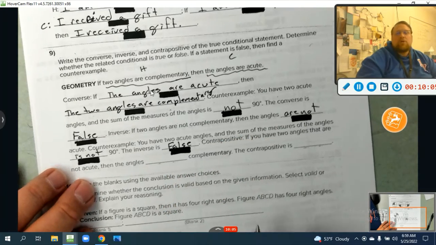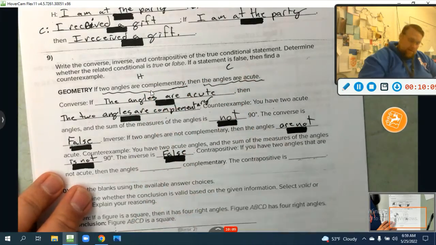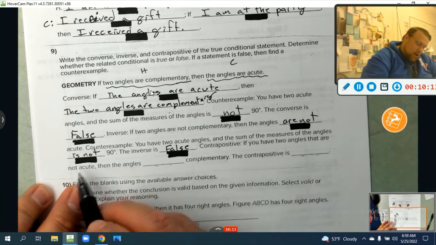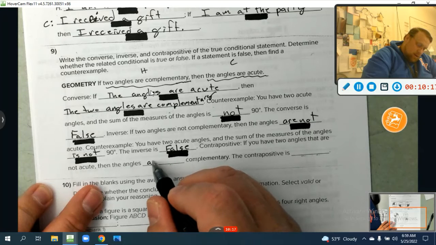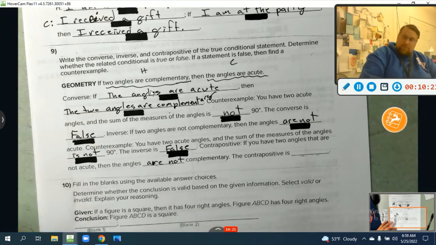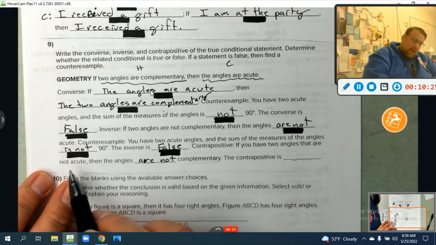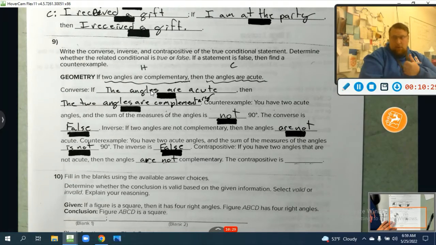Now let's talk about the contrapositive. Contrapositive is where we both flip it and negate it, right? So the contrapositive is if you have two angles that are not acute, then the angles are not complementary. Okay, now that is true, and here's why. If they're not acute, it means at least one of them is either a right angle or obtuse.